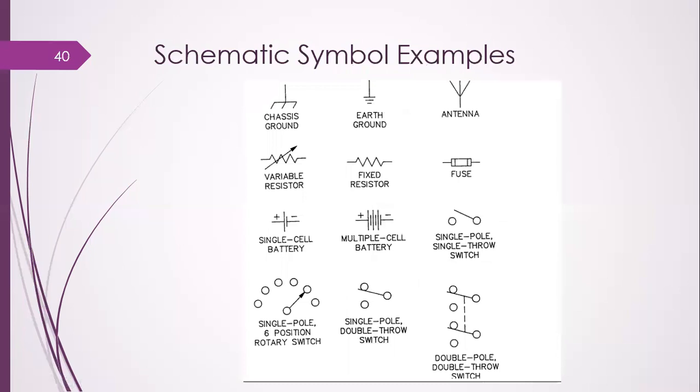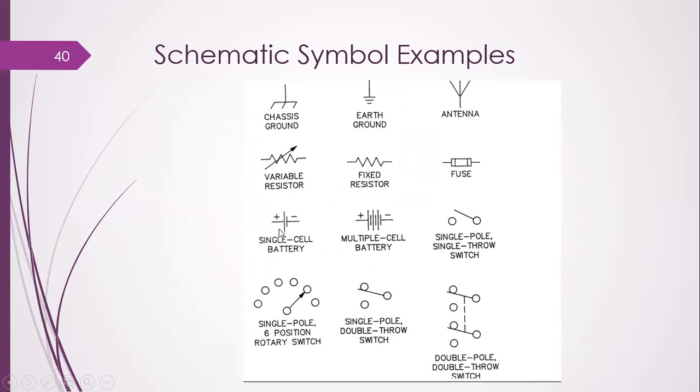Schematic symbol examples. These are the commonly used symbolic representations in electrical and electronic device designs and drawings. This symbol is related to chassis ground, earth ground, antenna, variable resistor, fixed resistor, fuse, and single cell battery.